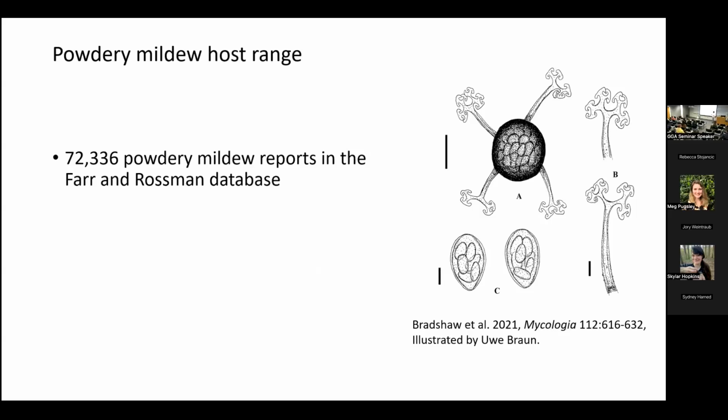And within their database, they found that there were 72,336 powdery mildew reports. And this was 8.7% of all the reports in the database. So they have around 1 million fungi in their database, and almost 10% of them are powdery mildews. So 1 out of 10 of every fungal specimen that has been collected and reported is a powdery mildew.